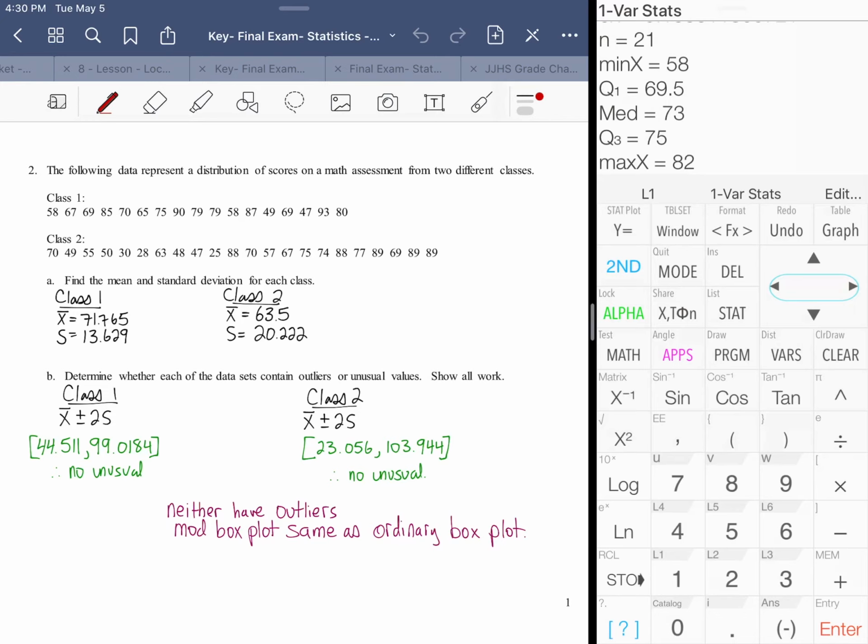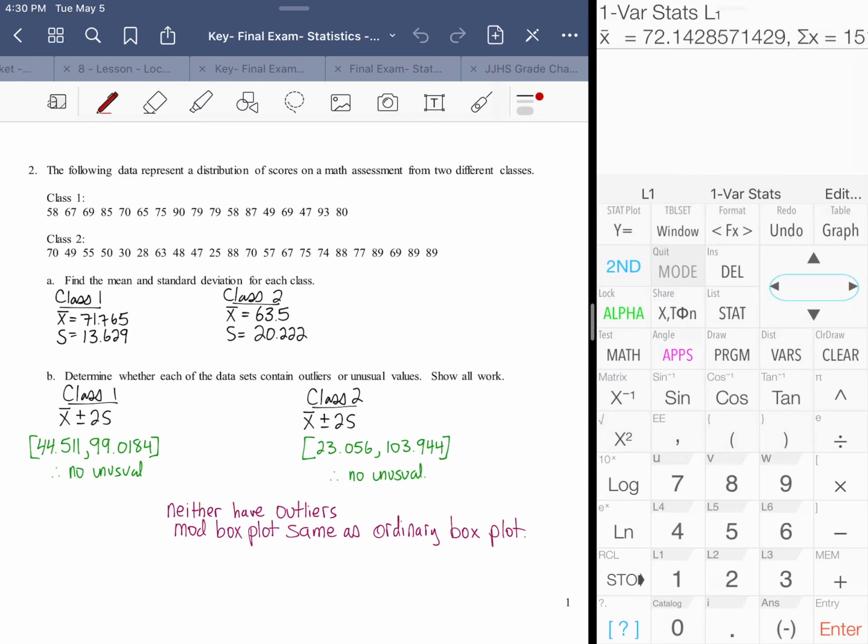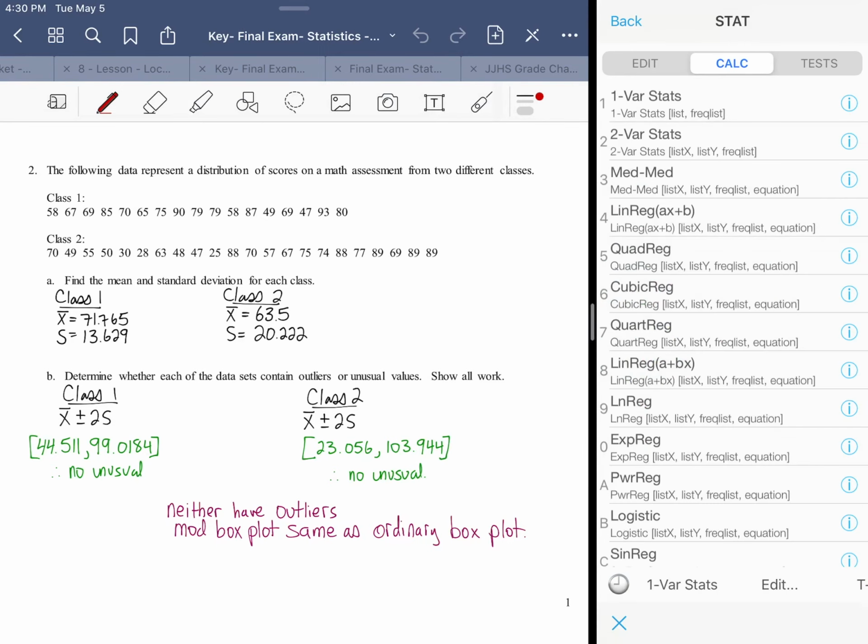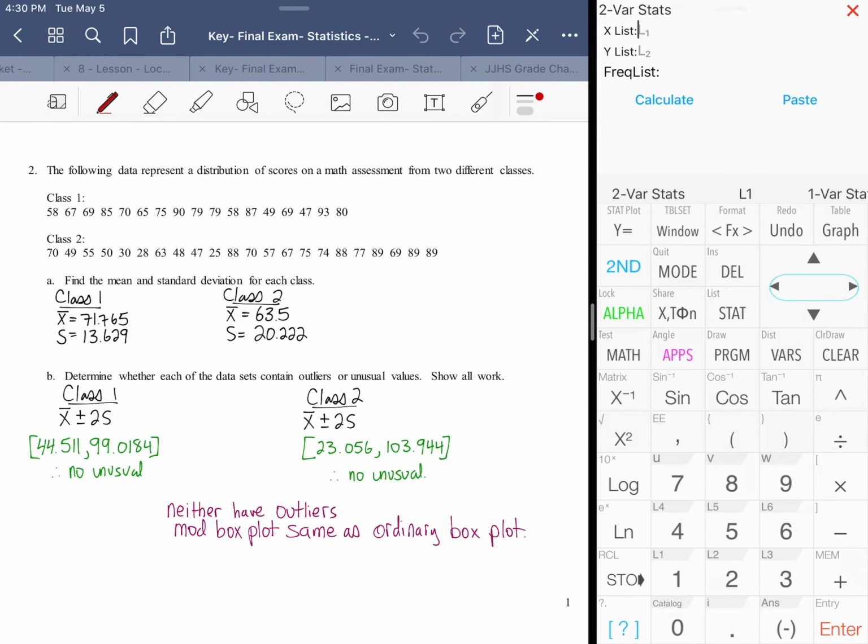You can verify it in your calculator, but at this point, I think it's just a matter of getting the information and getting it down on paper. So number 2 is asking for the mean and standard deviation of each class. There are 2 ways to handle this, but if you want the information in one shot, I recommend stat, calc, 2 var stats, 2 variable statistics.